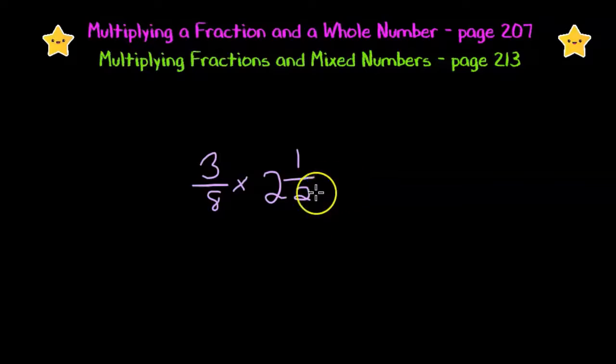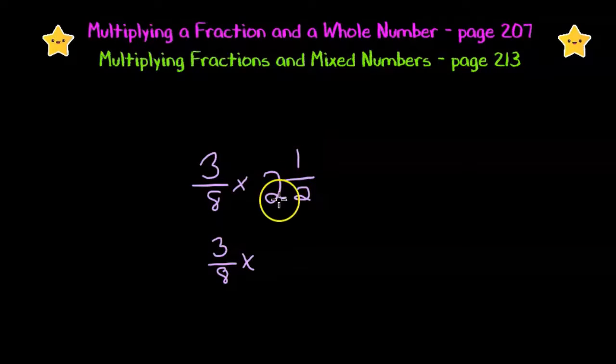What is the first thing I do? Yes! Change the mixed number into an improper fraction. All right, so 3/8 would still be 3/8. Now, 2 times 2 is 4, plus 1, 4 plus 1 is 5. Denominator stays the same. Give me 2.